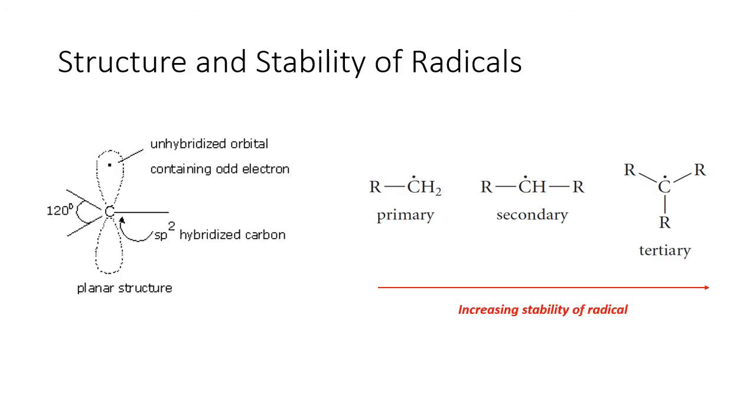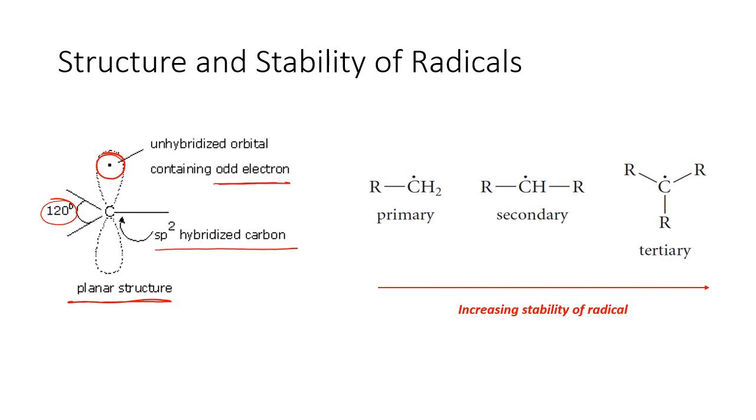The stability and structure of radicals should look rather familiar because it basically mirrors what we previously saw for carbocation stability and structure. So a radical would be on a carbon and it would be living in an unhybridized p orbital. It has just that one electron there that's unpaired. And notice we have this planar structure, 120-degree bond angles, and the carbon is sp2 hybridized. So this is just what we saw for our carbocation, only we didn't have electrons, so our carbon had a positive charge.